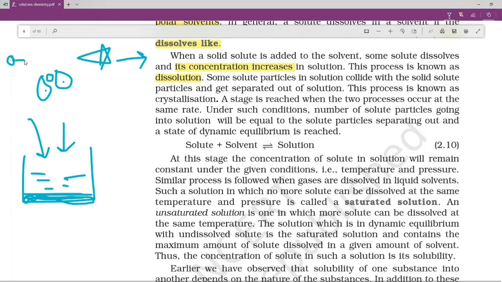Now what will happen is that this solute particle will hit this already present solute particle, and this will come outside this molecule and this will take its place, and the solute particle which was already there will come out of the solid, and finally it will settle down at the bottom like this.